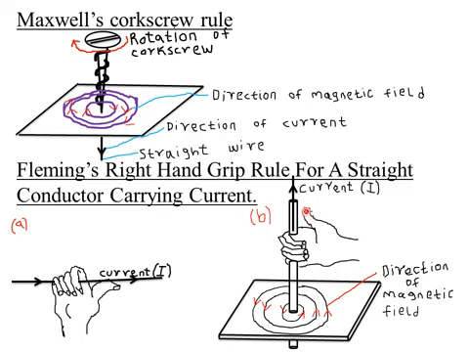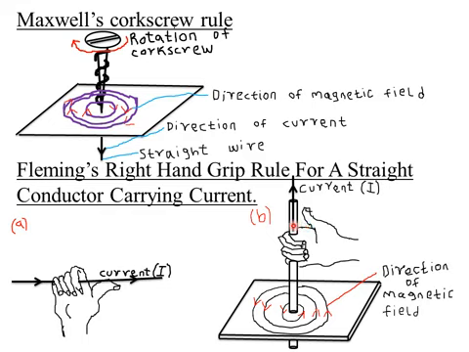So if I grasp this conductor of mine such that my thumb is pointing along the direction of the current, then you can see how the fingers are curling around my conductor. The direction of curling of the fingers is the direction of the magnetic field.